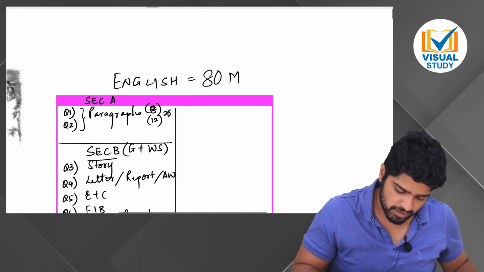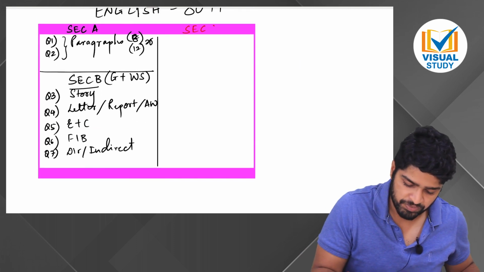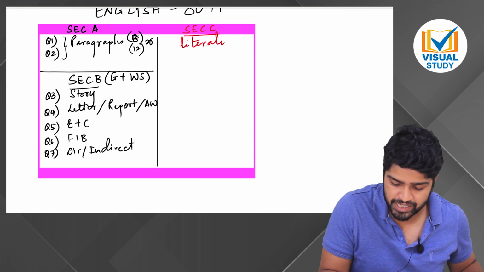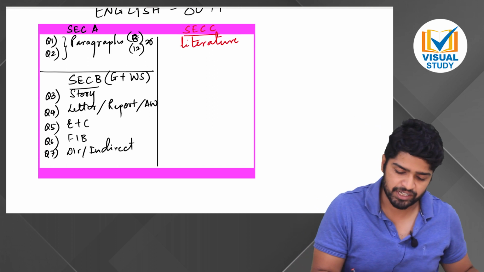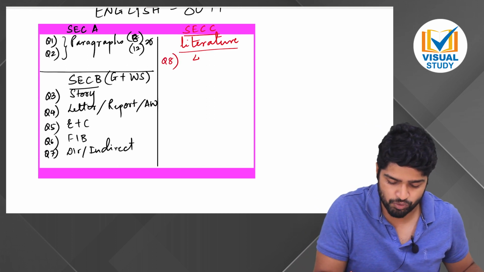Now, after section B, you have section C. Section C is typically literature-oriented English, in which you will have question number 8, which comes for 4 marks.